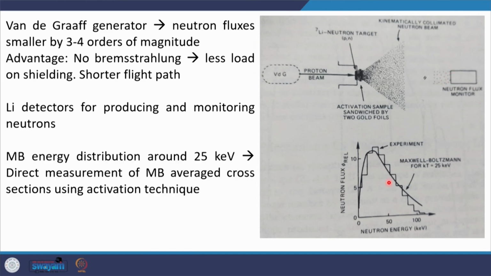And we always prefer to have the precise energy distribution of the thermal neutrons after the moderation, right? And this is about 25 keV in this beautiful experiment, and the direct measurement of the Maxwell-Boltzmann average cross sections, and we prefer, instead of the time of flight technique, here I go for the activation technique, whose details I will discuss in upcoming lectures. All right.